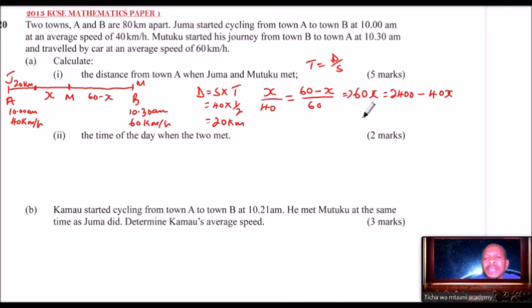So you take 40x to this side, it becomes positive. So we have 100x is equal to 2,400. Divided by 100, x is equal to 24.